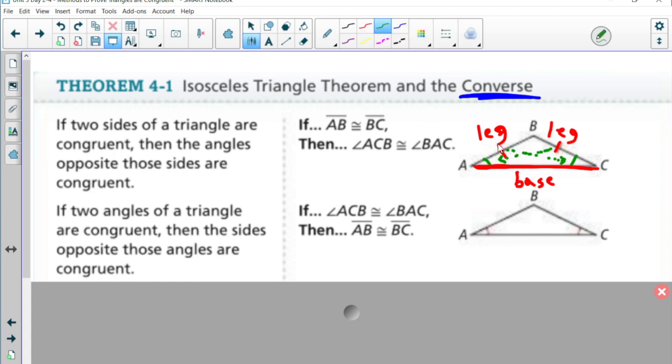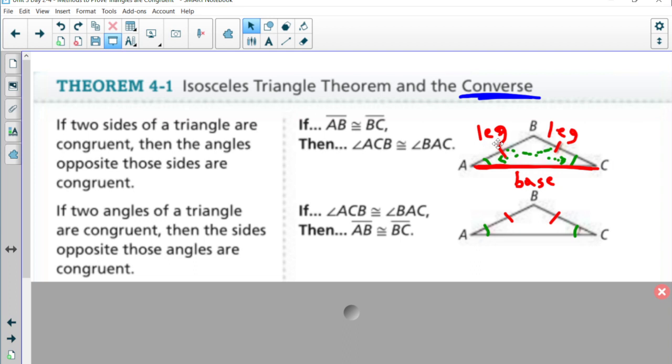So it tells me that the base angles are the same, and we can use that to say that the legs are the same. So it's a way both to find measurements in isosceles triangles or to know that a triangle is isosceles. So it works both ways. Both the statement and the converse are true.